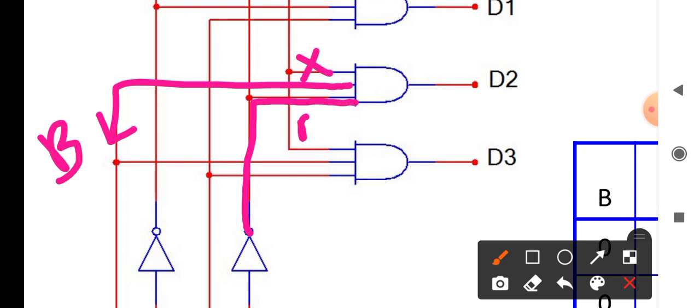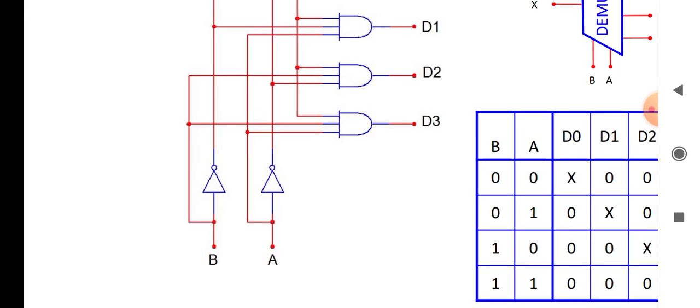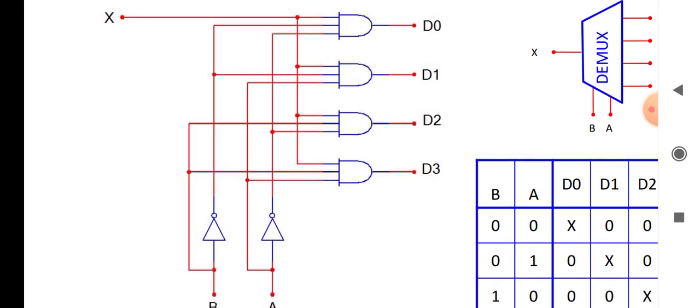It is A complement, B and X. So when it becomes 1 0, then it becomes high.